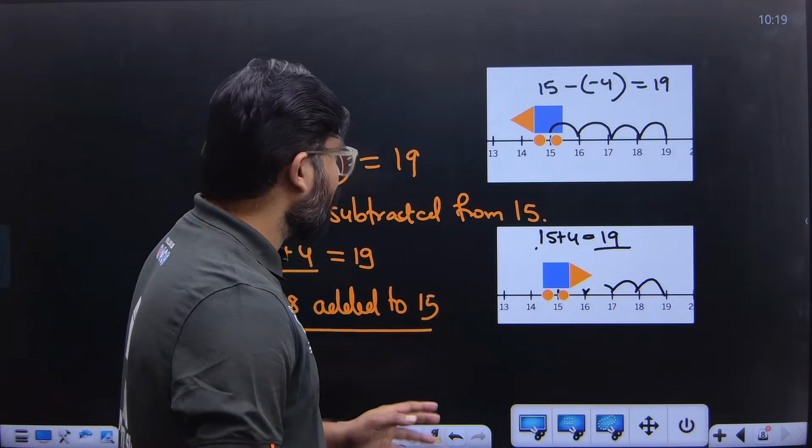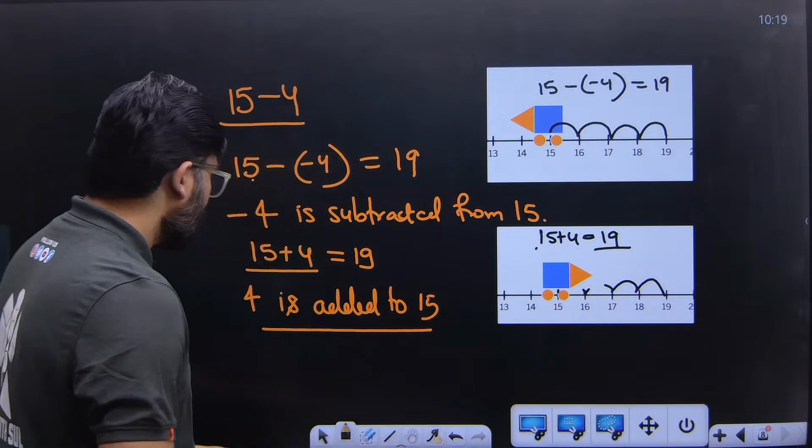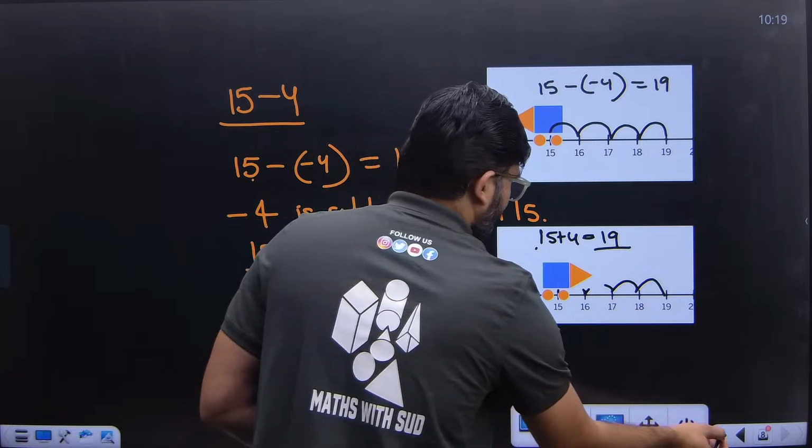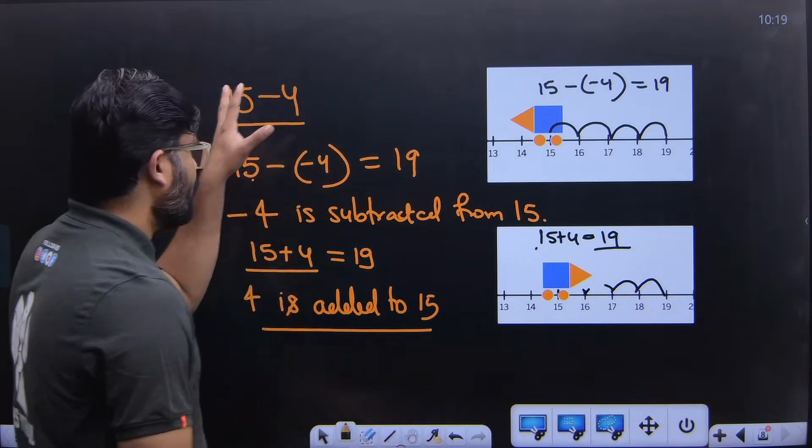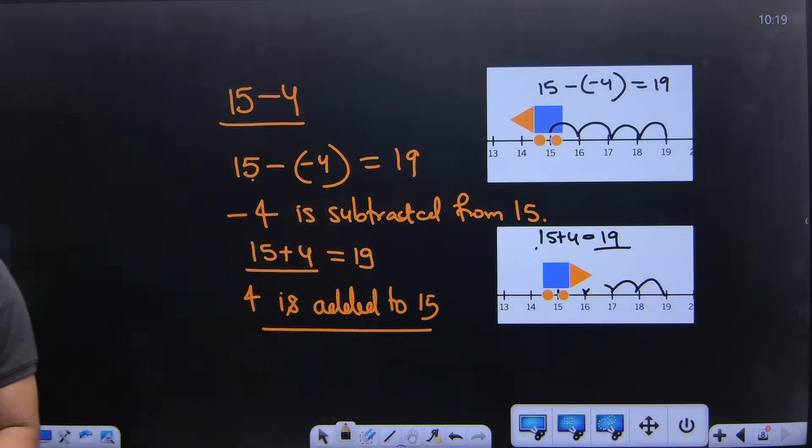Okay, one more thing I want to introduce. In mathematics, there are two identities. Please write this down. First write this down, and then I will tell you about the identity. Okay.